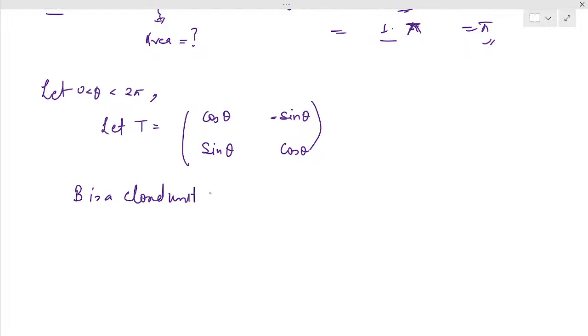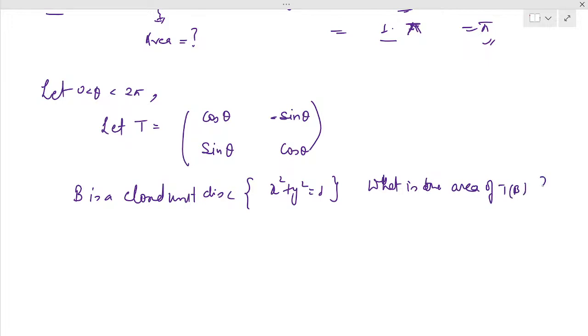Closed unit disk means, this is quite mathematical right now, x square plus y square less than or equal to 1 I am referring to. I want to write what is the area of TB.